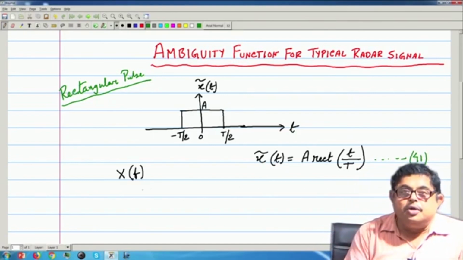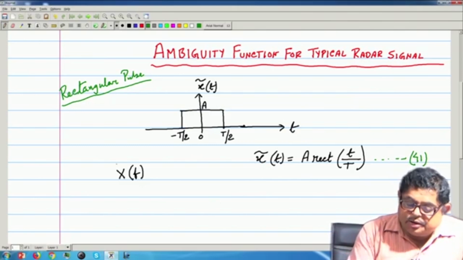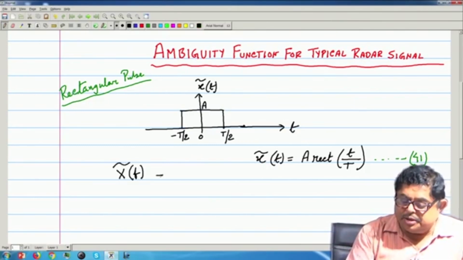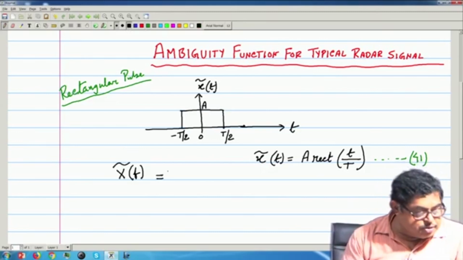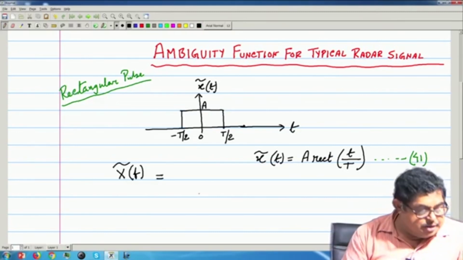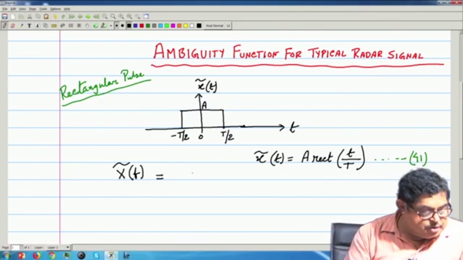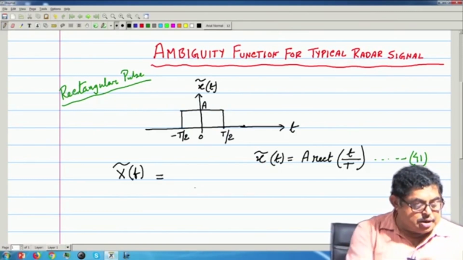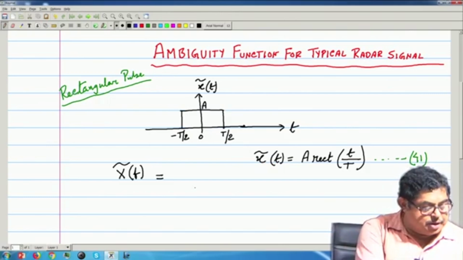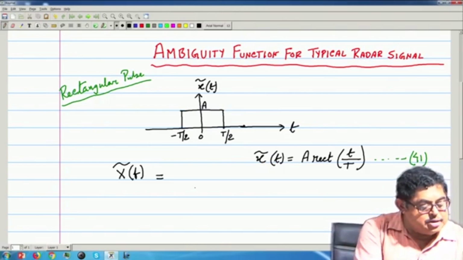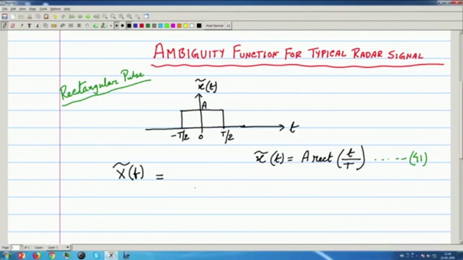Now also let us see what is the Fourier transform of this pulse, because in delay resolution that will help. So, what is the Fourier transform? I think all of you will be able to write it, or otherwise we can do it.